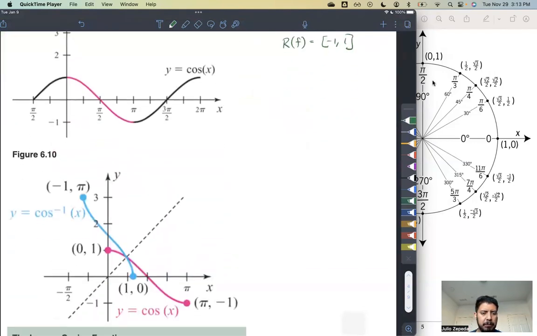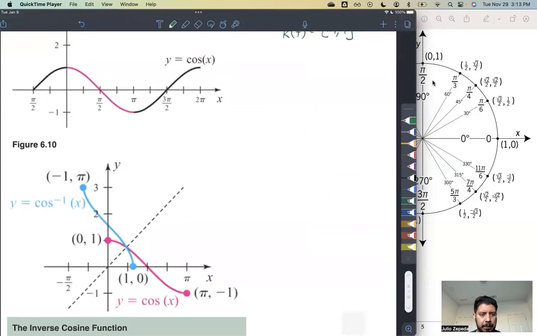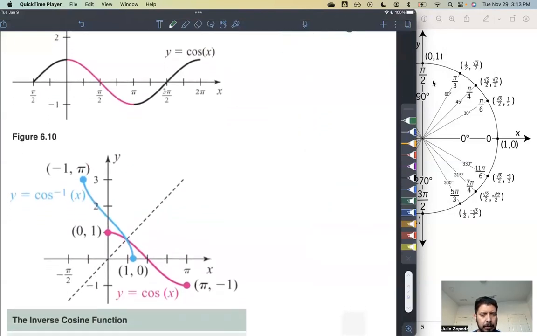I've skipped one of the pictures here, but in pink you can see that restricted domain for cosine, and then to find the inverse, we can reflect that graph about the line y equals x, and that will give us the graph in blue of the inverse cosine function.